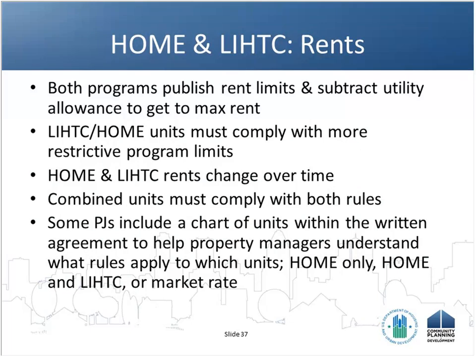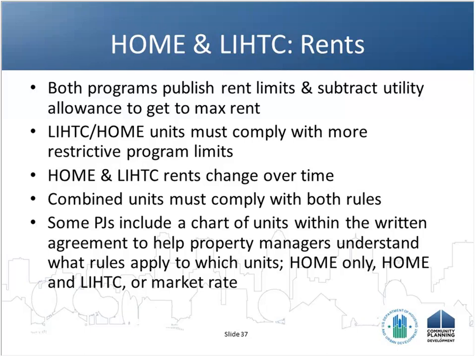And so for a property manager, you're going to have to pay attention to both program requirements and then take whatever the more restrictive program limits would be in place. And of course, the limits change over time with both programs, so that's something on an annual basis to be looking at to make sure that you know which of those is going to be more restrictive.